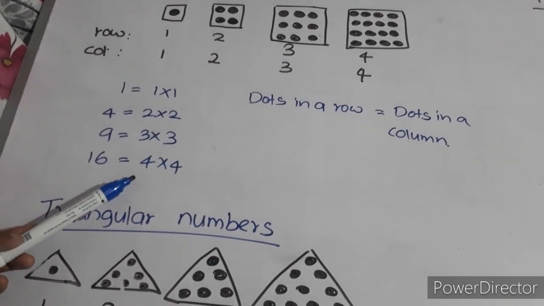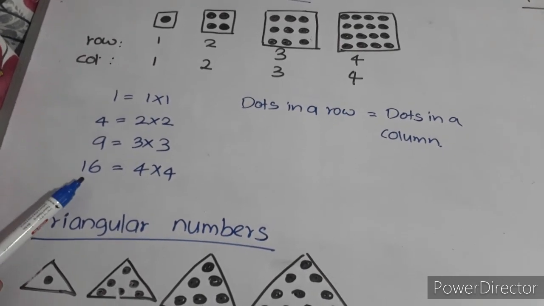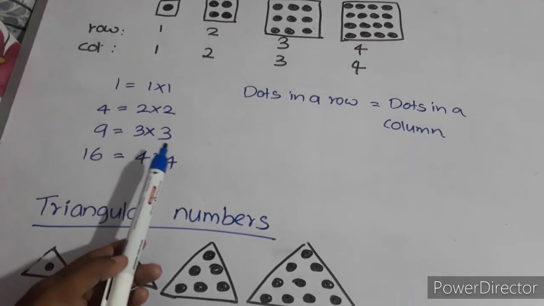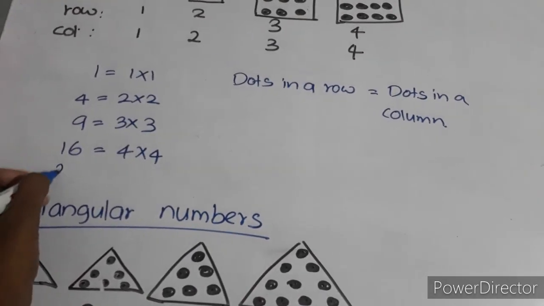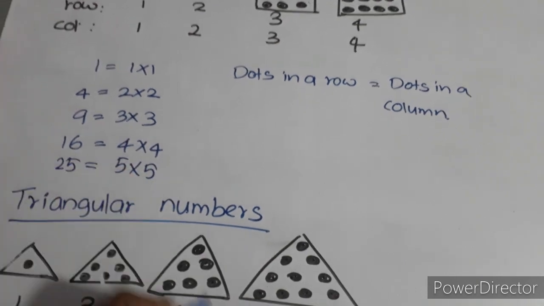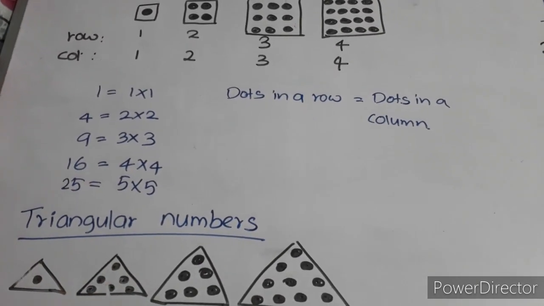Then the next one is 5 by 5. Like that we get the square numbers. When we multiply by the same number twice, we get square numbers. If I write 25 here, it means 5 by 5. Likewise, you can take many square numbers.